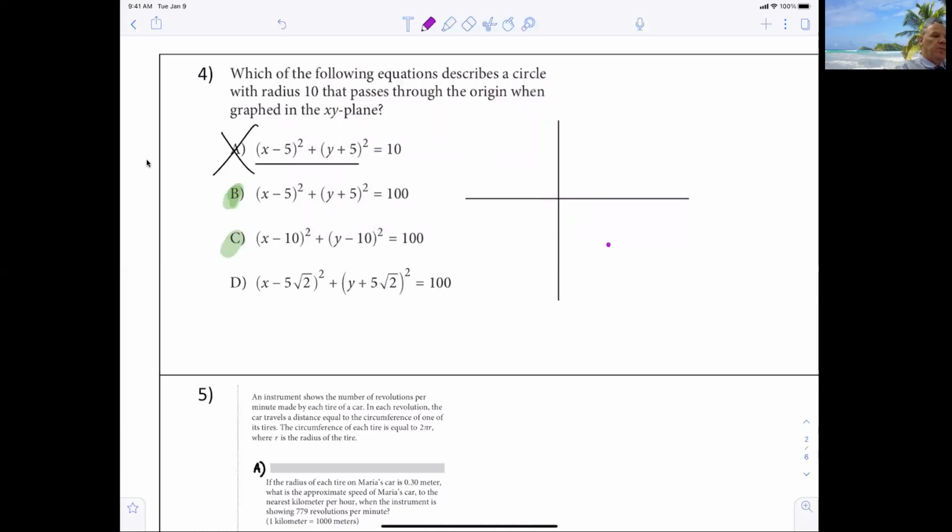So that means if I put a dot on the origin, this right here would be what length? What should it be? I'm asking you, what should it be? It should be 10, right? So I'm going to put a 10 here. Now, is that the correct answer? Why not?